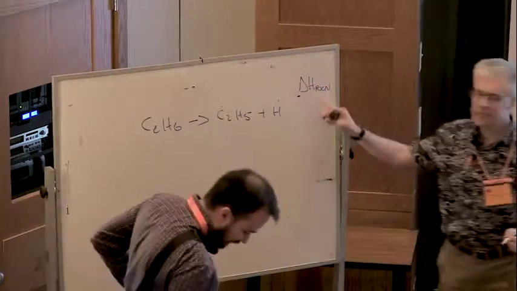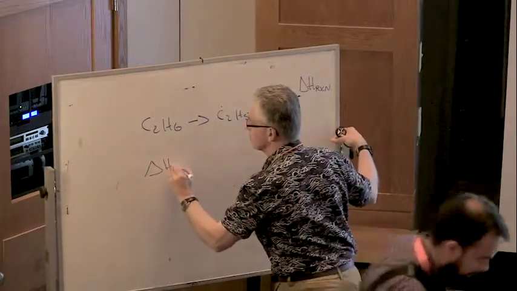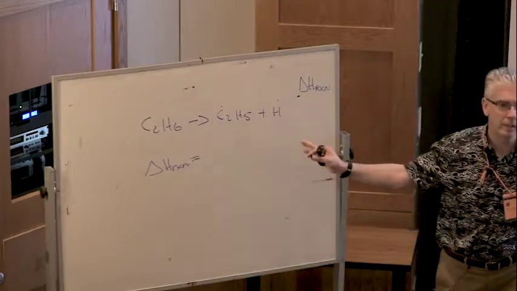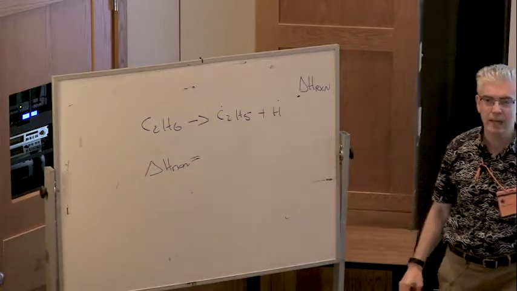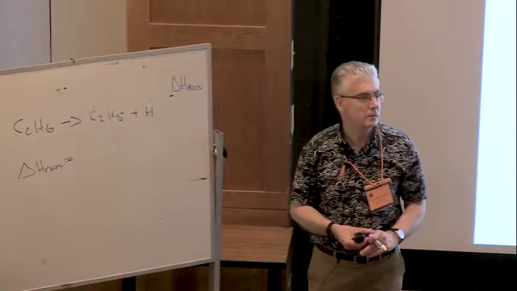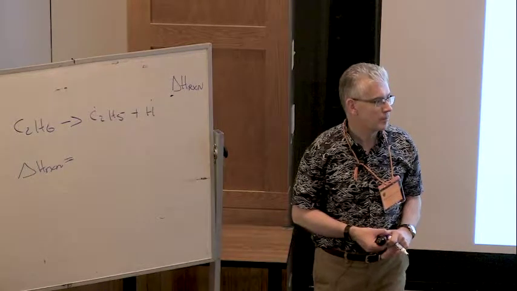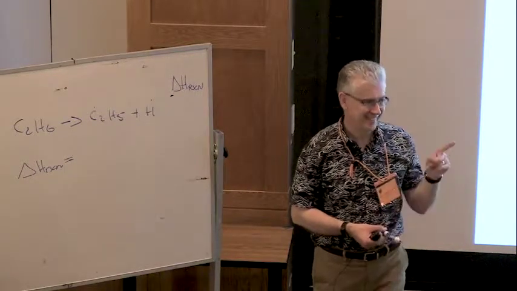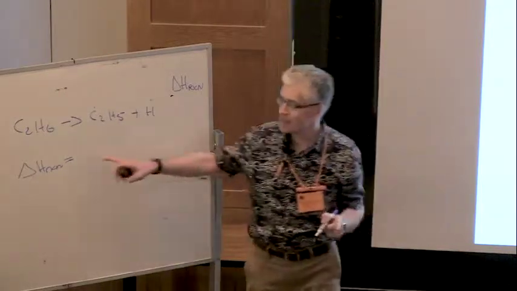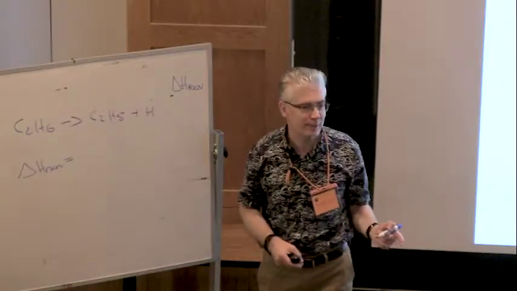Okay, so by definition, what is the heat of reaction? Delta H reaction is equal to what for this process? The heat of reaction is what by definition? Okay, so it's the difference of the heat of formation of the products minus the heat of formation of the reactants.